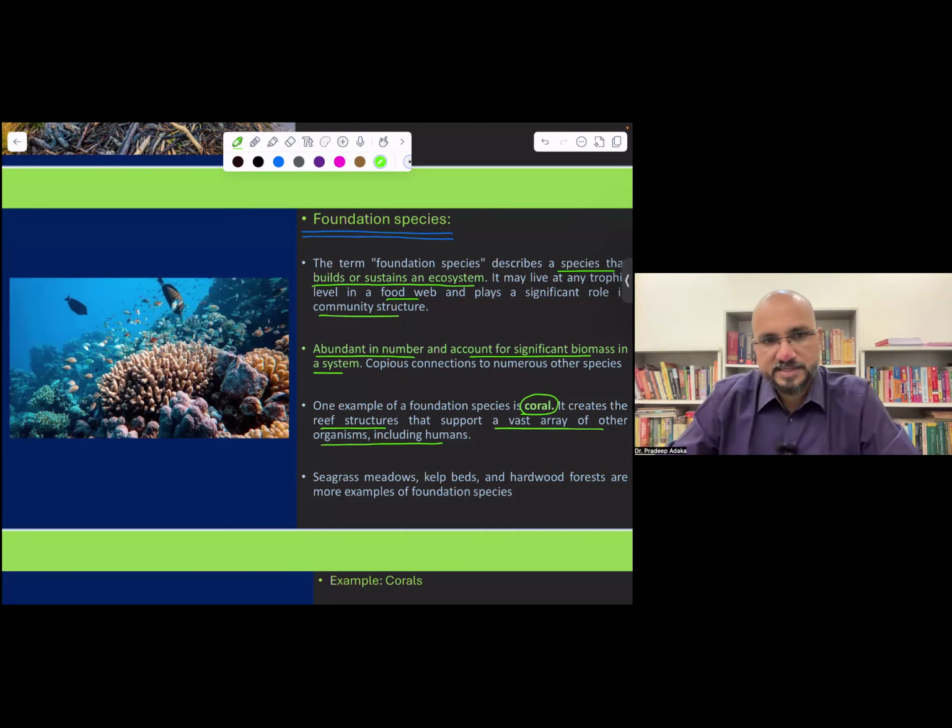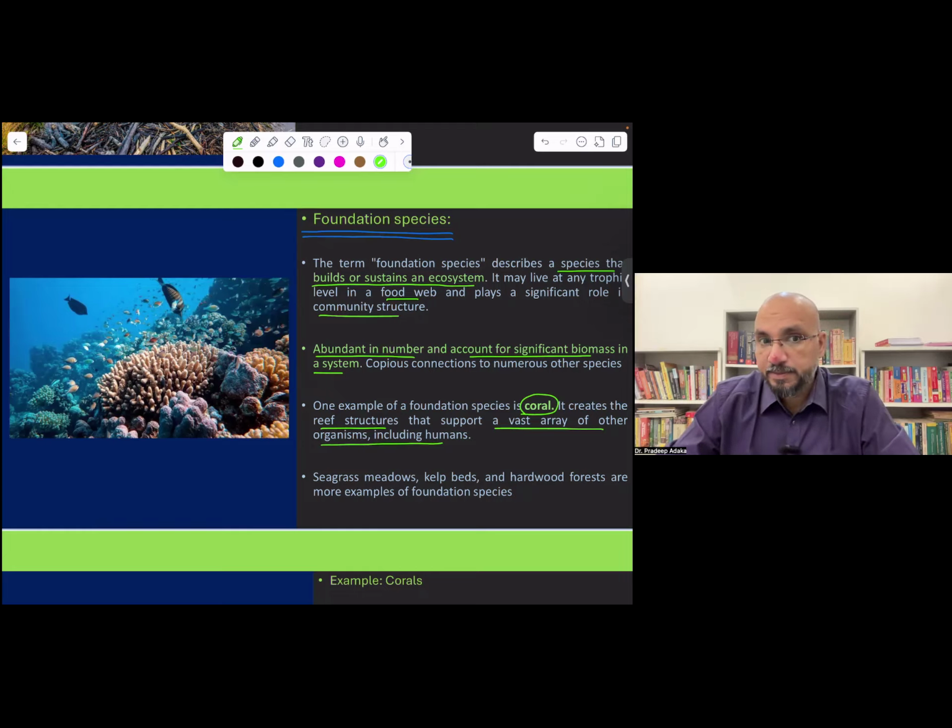How? Tourism is a secondary thing, but these are important fishing grounds. An abundant food supply is there, so there will be many fishes, and we can catch a lot of fish in that area. The tourism aspect is later, but mainly food.